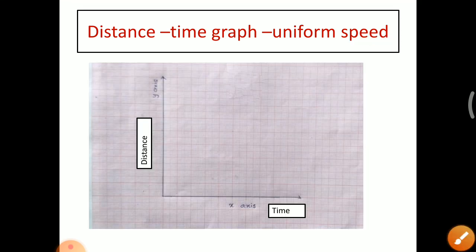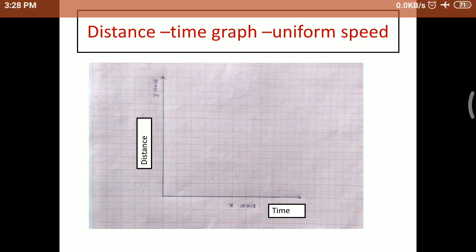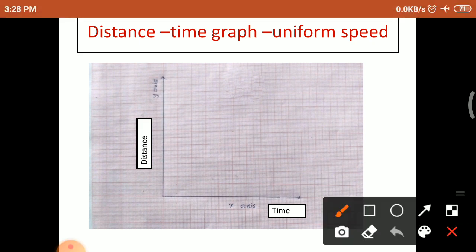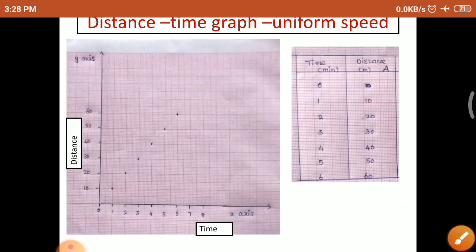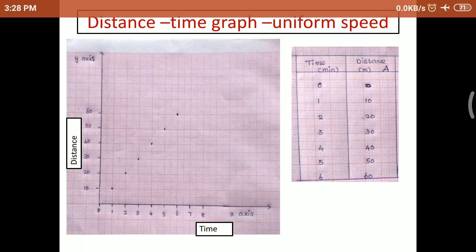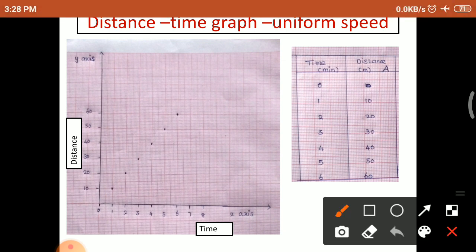You have to take a graph sheet and draw an x-axis and y-axis, then write time on the x-axis and distance on the y-axis. See the reading: the time is in minutes, so you write minute here, and distance in meters, so you write meter.